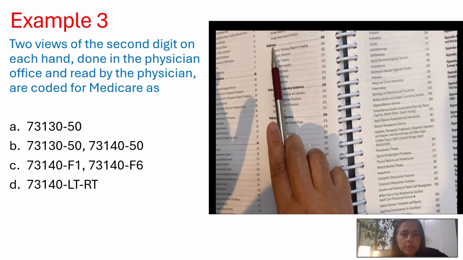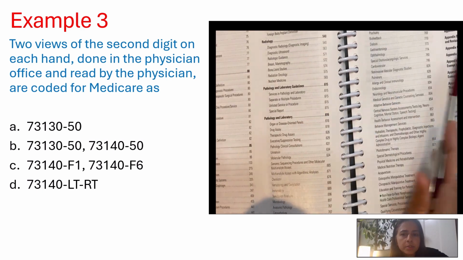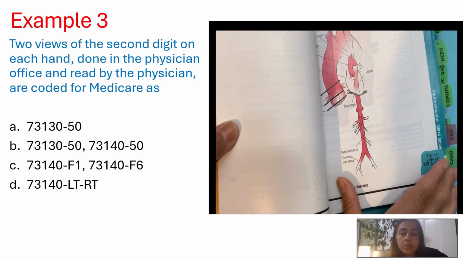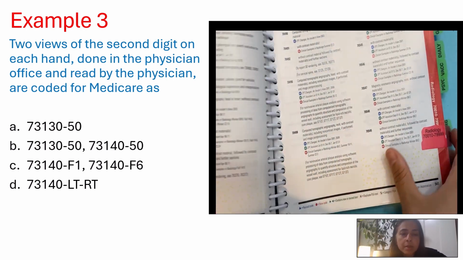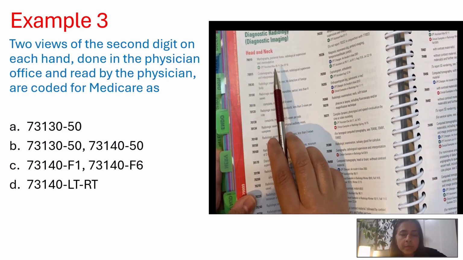And the question is about the 2 views of the second digit. So for the second digit or second finger on each hand, it's a minimum of 2 views.